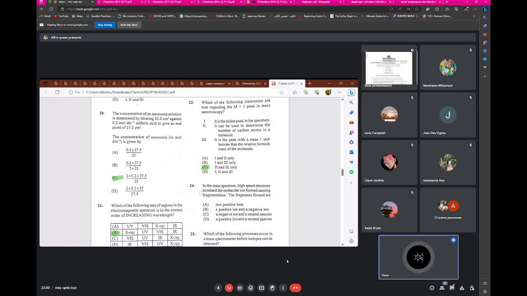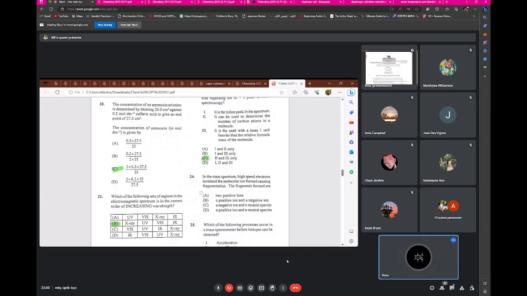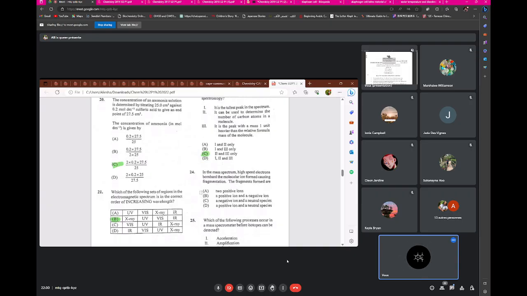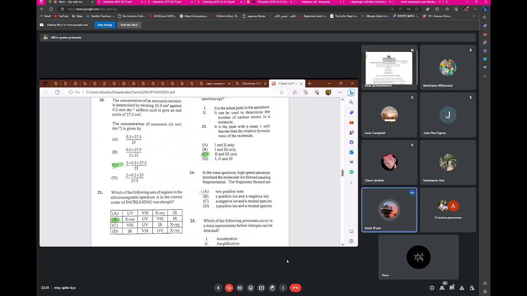24. In the mass spectrum, high-speed electrons bombard the molecular ion formed, causing fragmentation. Fragments formed are positive. Are they only positive? I put D, a positive ion and a neutral species. Well, if we start off with a positive molecular ion and then we fragment it, overall you'd get a neutral species. I don't think you'd get a neutral species per se.